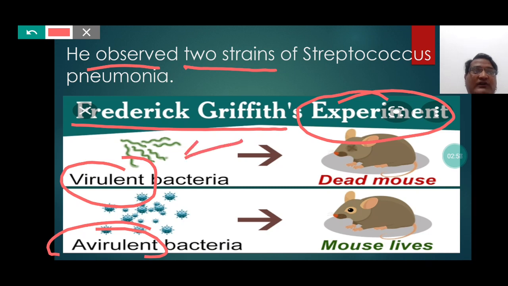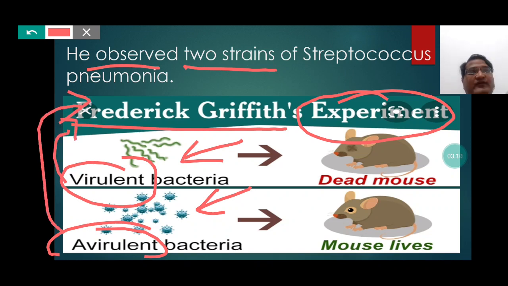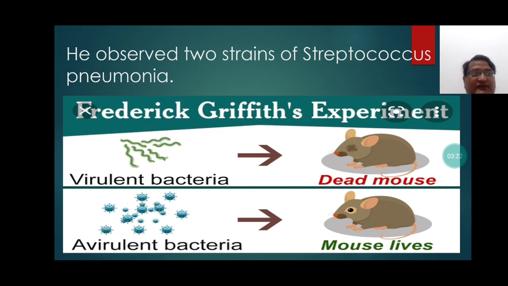Both are Streptococcus pneumonia bacteria, which were further considered by the scientist Frederick Griffith. And he injected these strains into mice.